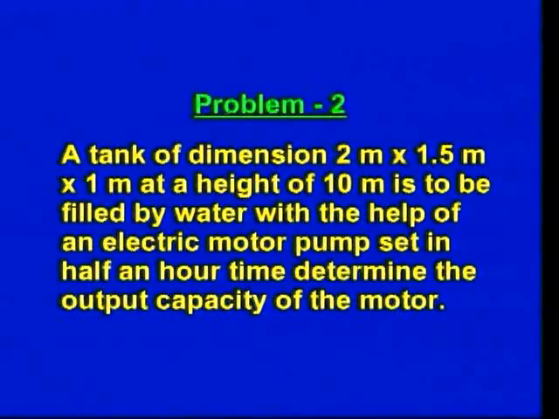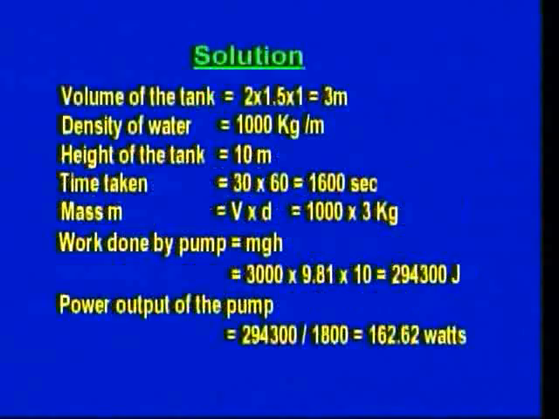Let us consider another problem. Consider this problem 2. A tank of dimension 2 meters into 1.5 meter into 1 meter at a height of 10 meter is to be filled by water with the help of an electric motor pump set in half an hour time. Determine the output capacity of the motor.